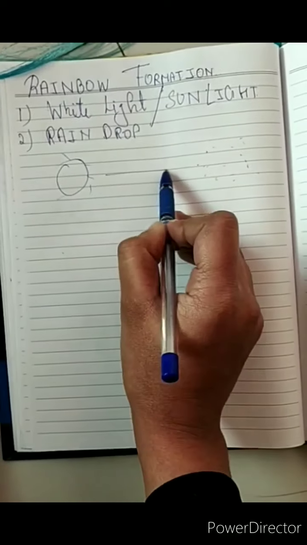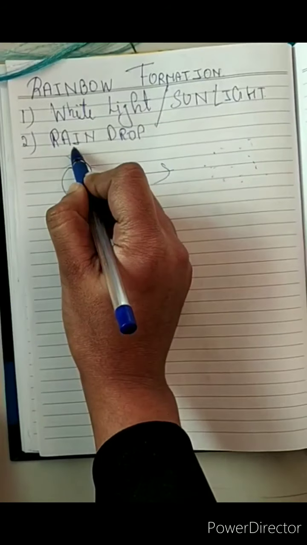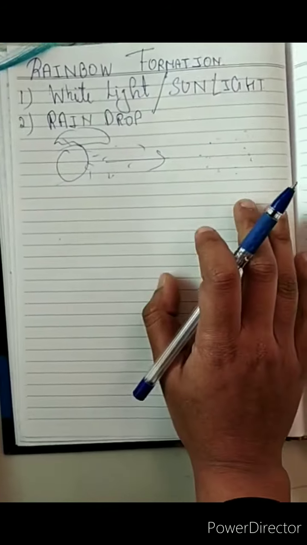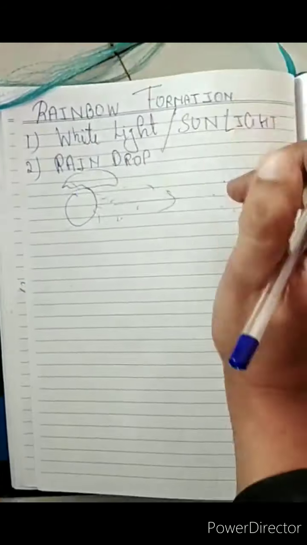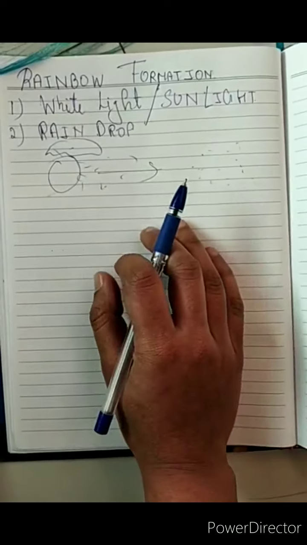It means it should be away from the sun, not here or here. Otherwise you will not be able to see the rainbow. So our second point is raindrop, which should be away from the sun.